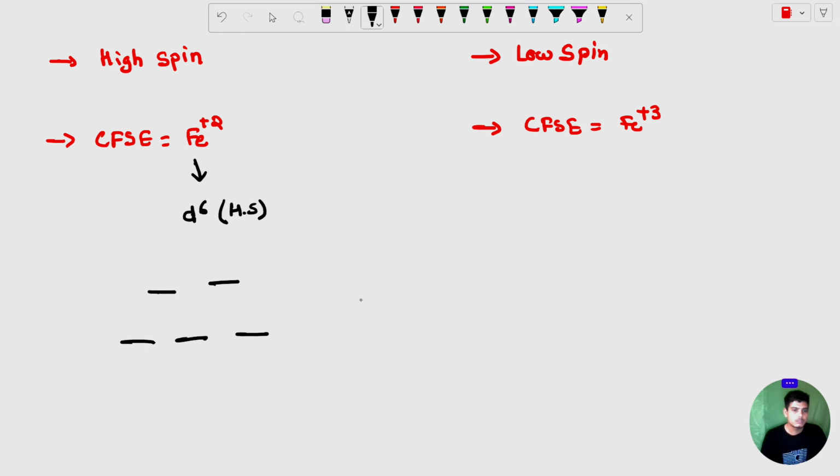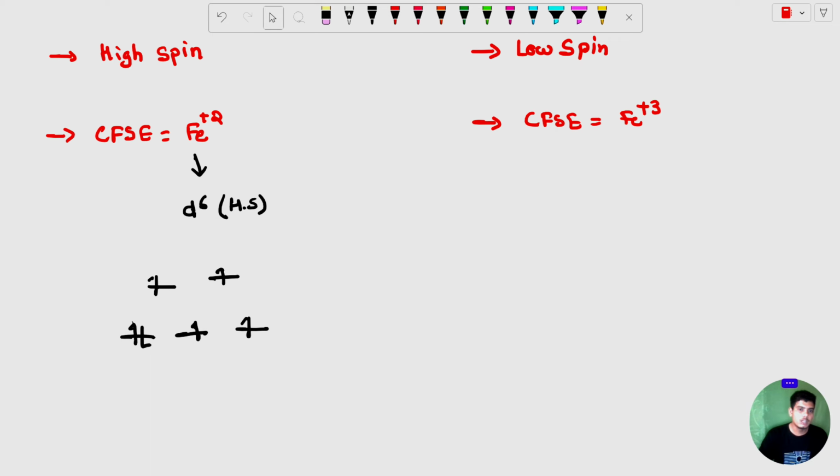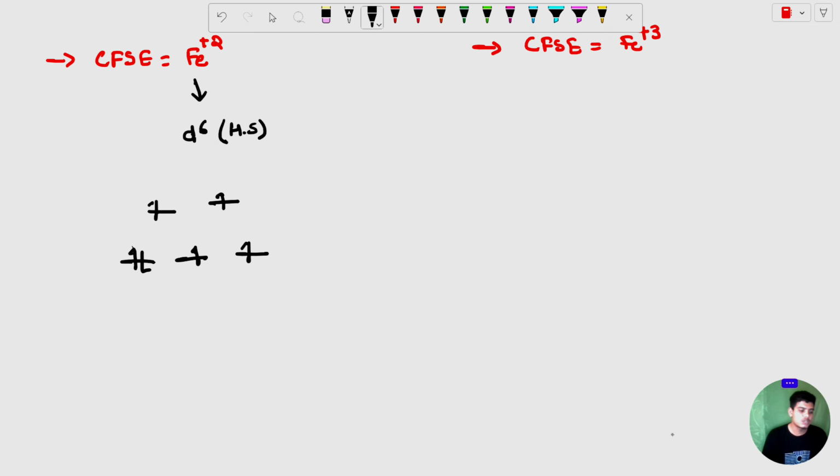Like this is a d, and 6 electrons will be arranged in high spin: 1 electron, 2 electrons, 3 electrons, 4 electrons, 5th electron, and 6th electron.